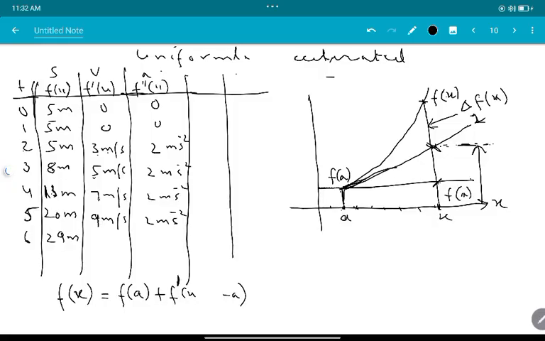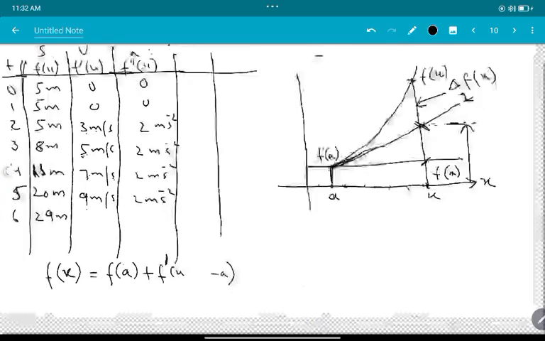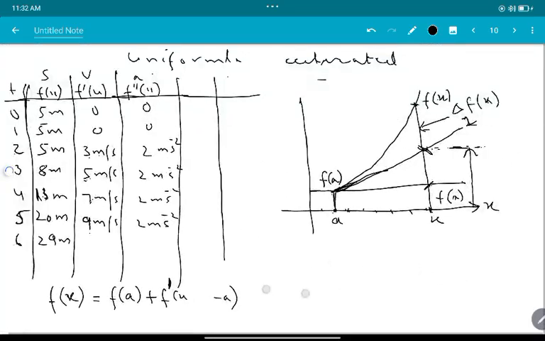Now, first I ask myself, what is the maximum common velocity that they have? Maximum common velocity, that's of course 3 meters per second. Let me write that first. 3 meters per second.